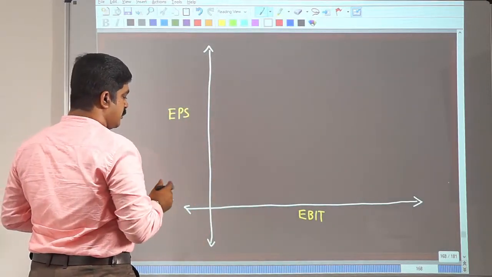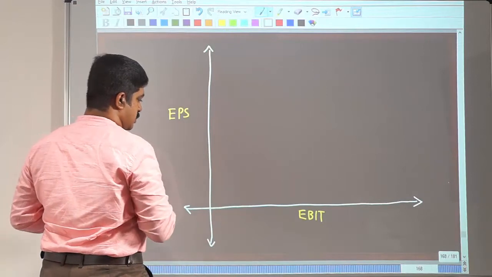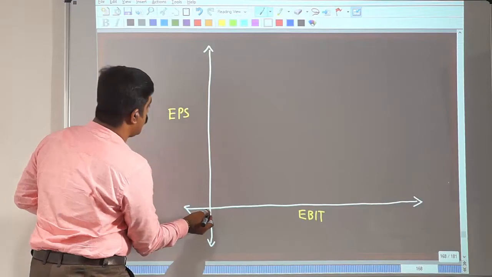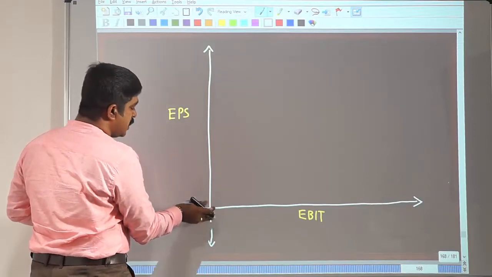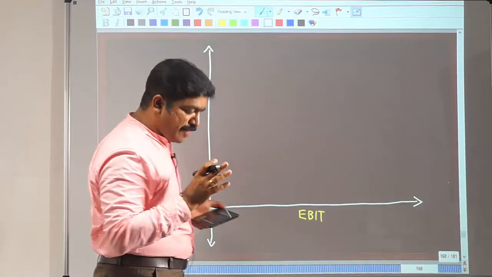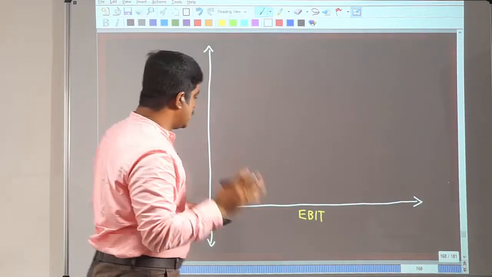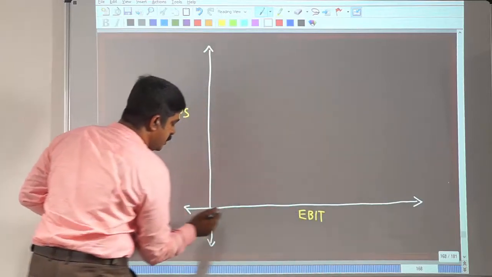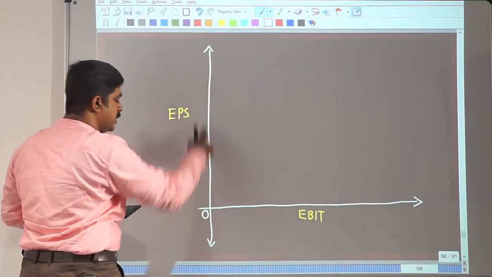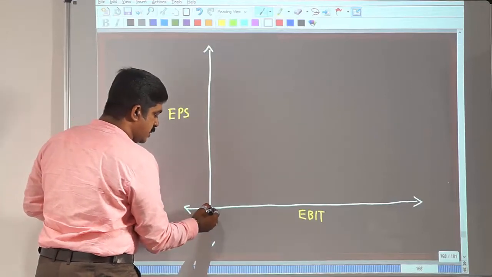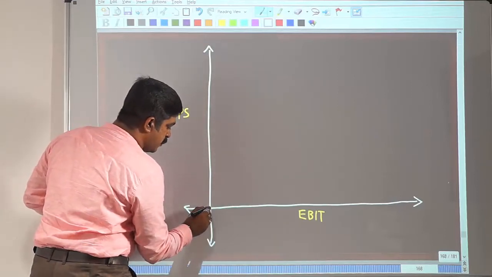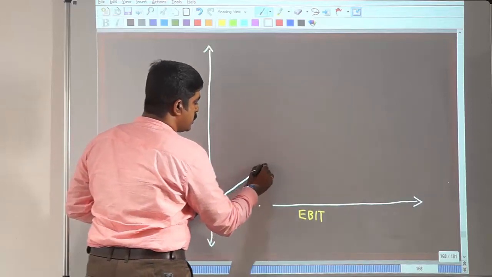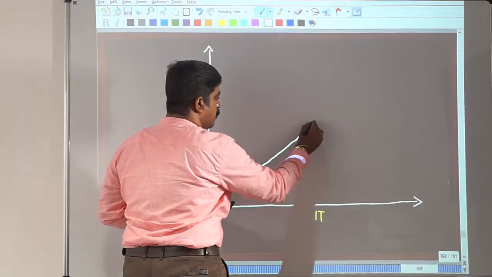To start with, I'll have the equity capital structure. If my EBIT is going to be 0, and if I'm not going to have any debt in my capital structure, then I will not carry any interest. So in the equity option, if my EBIT is 0, then my EPS will also be 0. So I'll be starting from here, and when my EBIT increases with my equity option, my EPS will also increase and it will go up like this.